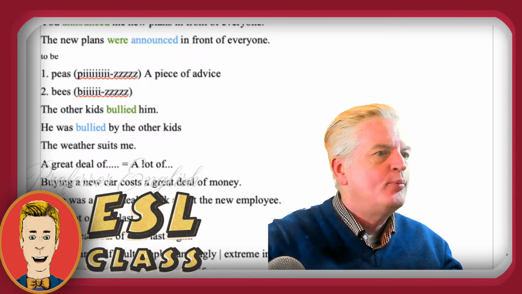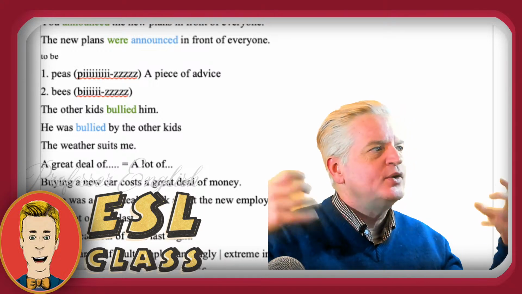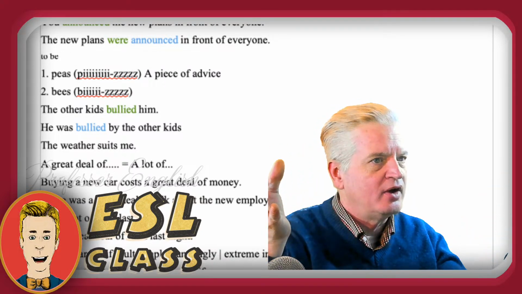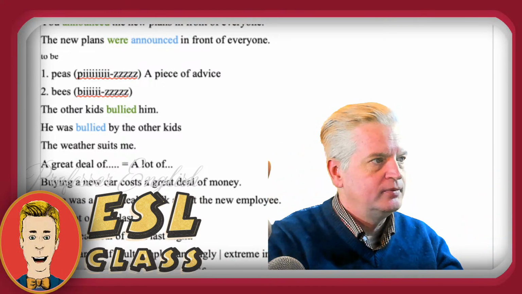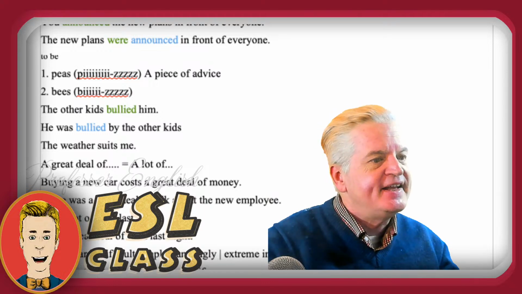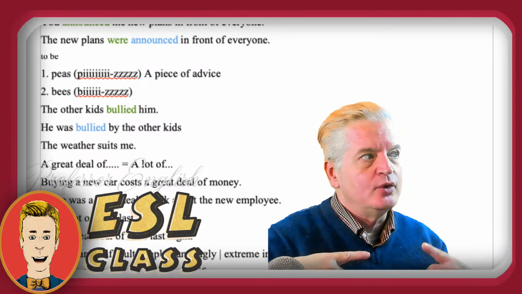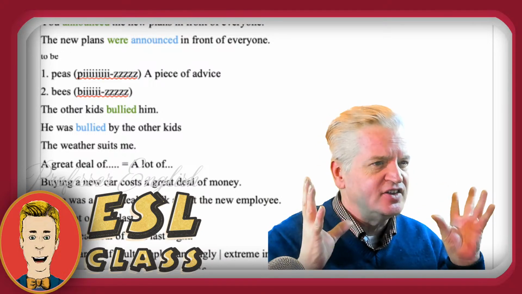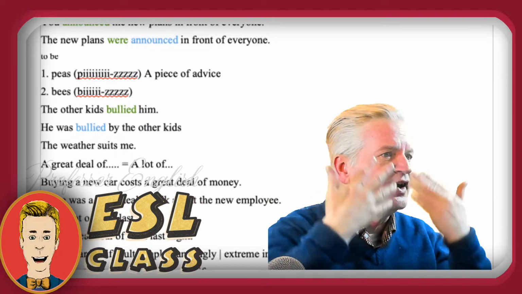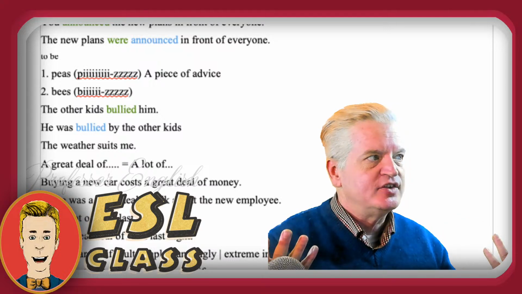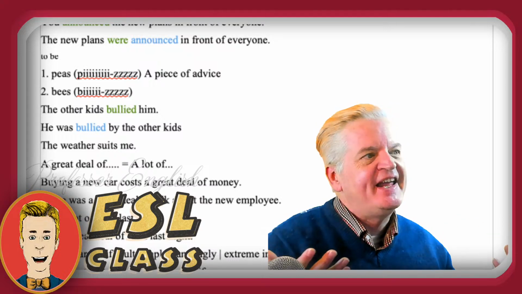That's a P. So if you want to pronounce number 1, you have to make sure you're pushing out a lot of air. Peas. Can you hear that? Peas. That's number 1. And number 2, a B is exactly the same physically, except there is no air. Bees, bees.